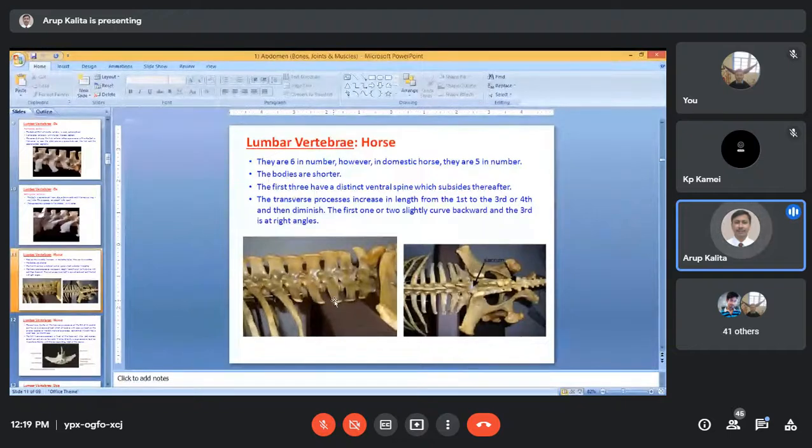That means the shape of the transverse processes of the lumbar vertebrae of the horse is different. In the case of the ox, all are going towards the forward side. But in the case of the horse, the first 2 or 3 are going towards the backward side, then the fourth is always straight, and the last 2 are going forward.